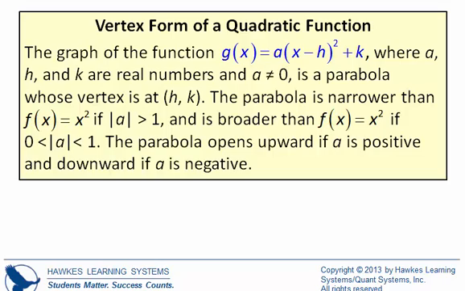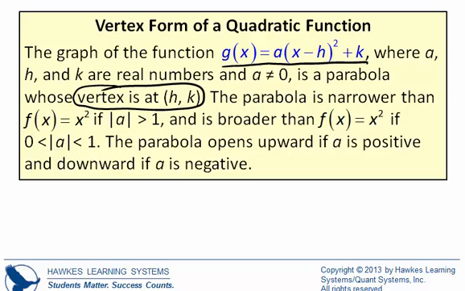So what this is saying is that if your parabola is in this format, then your vertex is going to be the point (h, k). So you can pull off your value h and pull off your value k, and you'll have the vertex of the parabola.